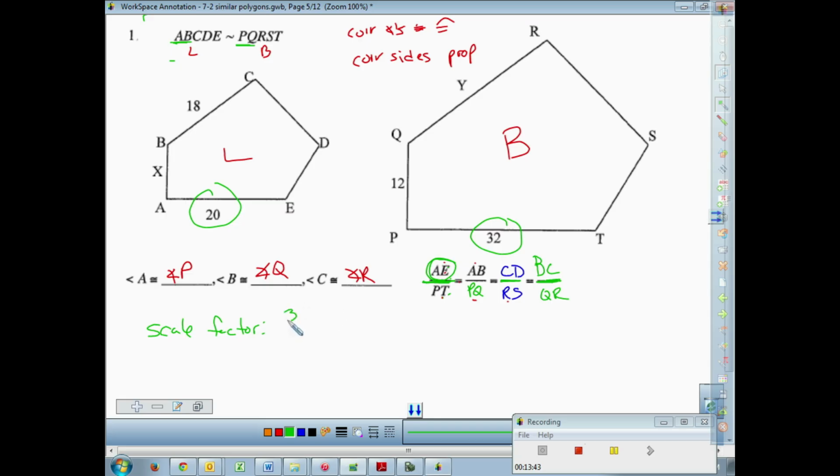We're going to do 32 over 20. Why 32 over 20? Big over little. I know that says larger over smaller. Let's just call it big over little. Does that sound all right? Big over little. So, can that reduce, though, my friends? 32 over 20. Can that reduce? What do you want to reduce it by? 2? All right. So, 2 goes into 32 how many times?